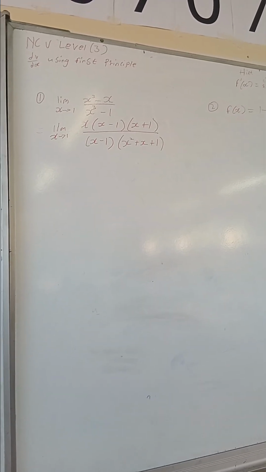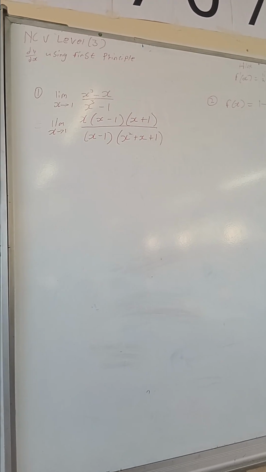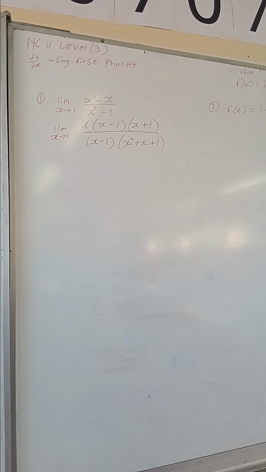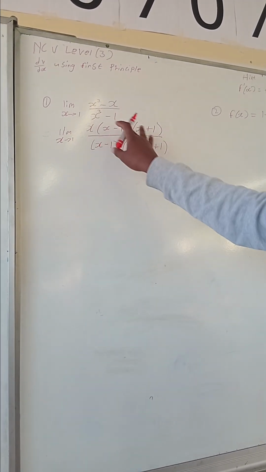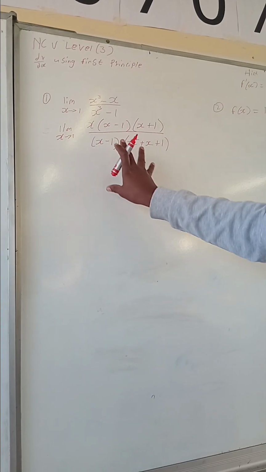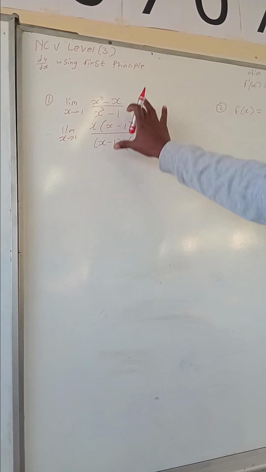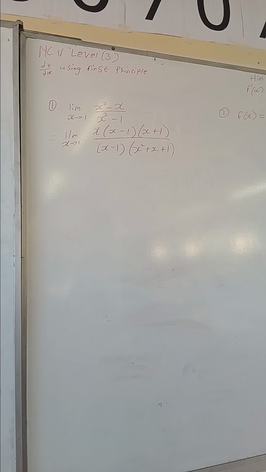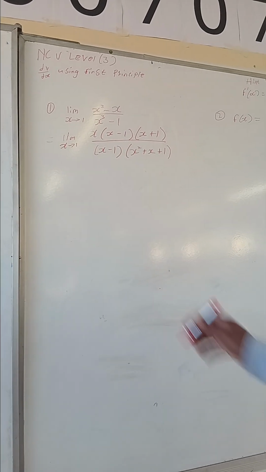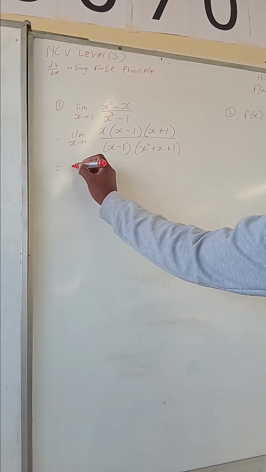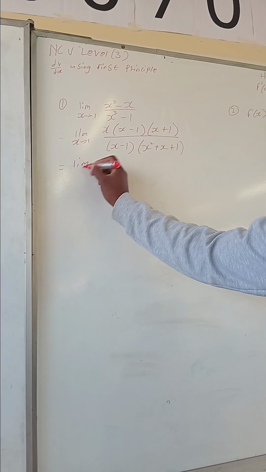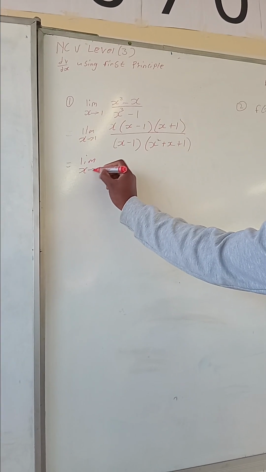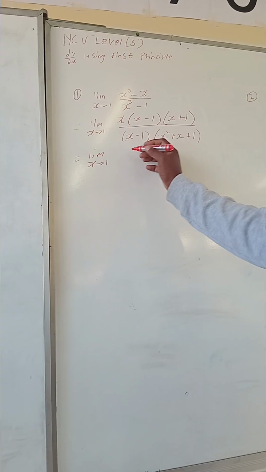So secondly, to be able to see that your factorizing is correct, when you open brackets it must lead you here, and even this side when you open brackets it must lead you here. Then thirdly, we're going to have equals lim x approaches 1.